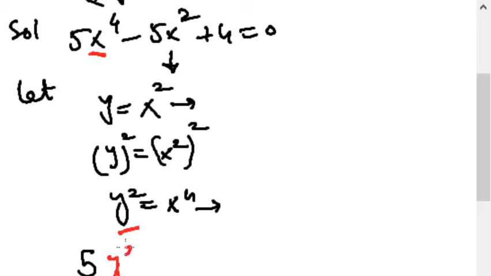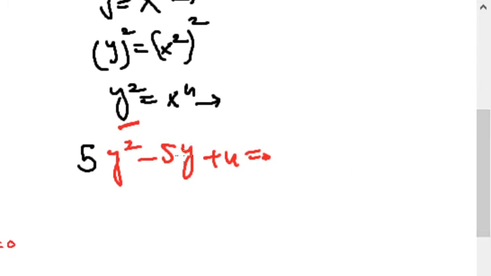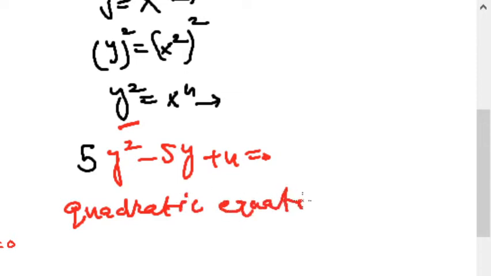That's y square. Minus 5, and the replacement for x square is y, plus 4. Now what is this? This is a quadratic equation. We are now with a quadratic equation.